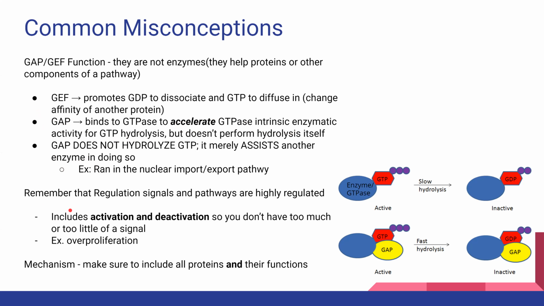So, would you say that the enzymatic activity in this pathway is done by G alpha? Yeah, G alpha would be the protein that has this enzymatic activity. Exactly, that's going to be your protein or enzyme. Would the beta gamma complex have it as well, or is it only the G alpha?